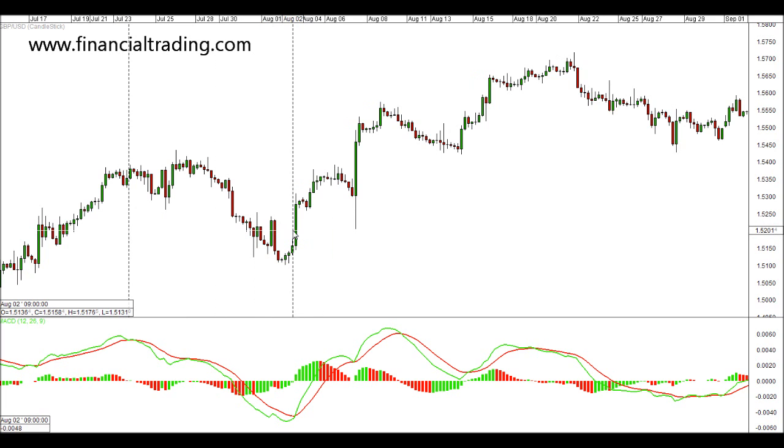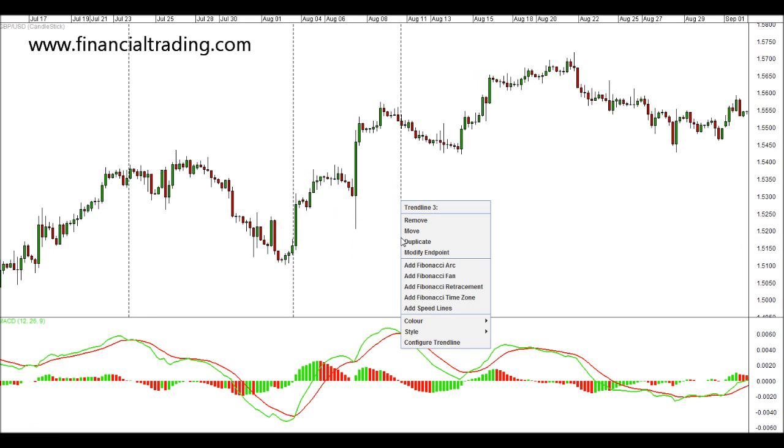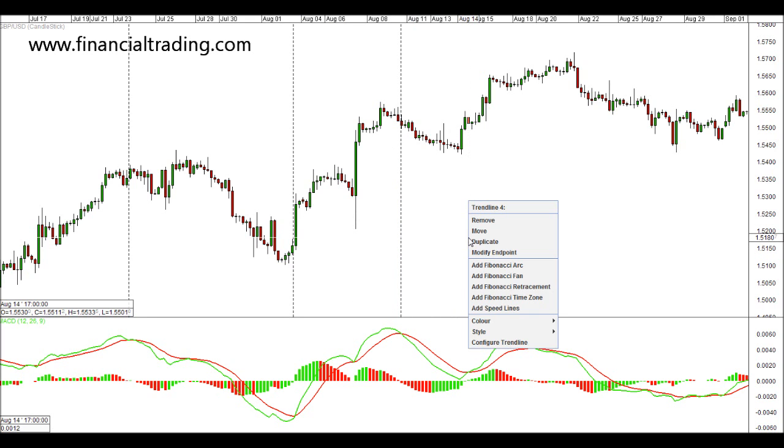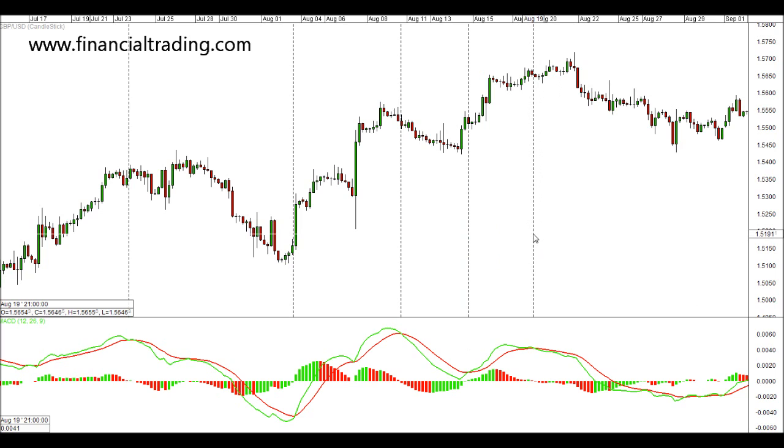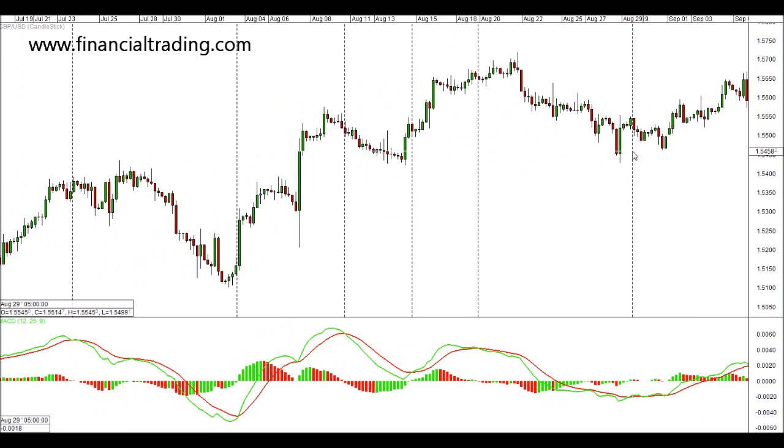We have another one here, another one here, here, here, and here. So price is bullish, it's moving in an upwards direction. We have our bearish crossover, and soon after price depreciates.